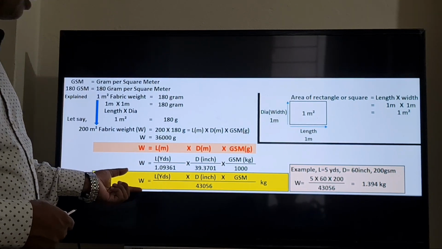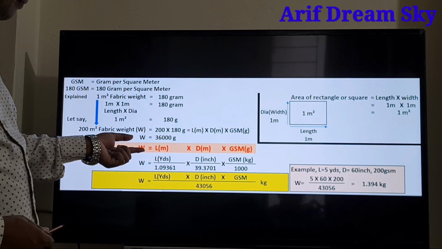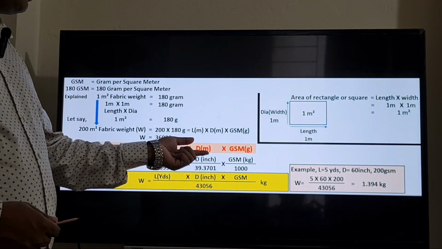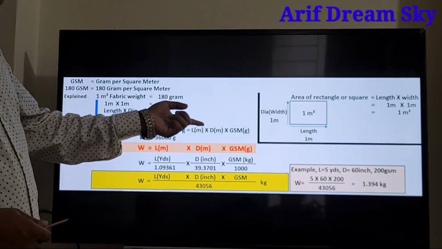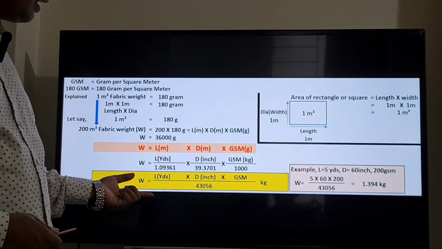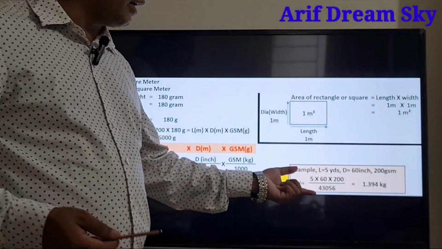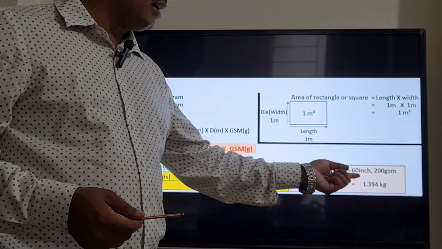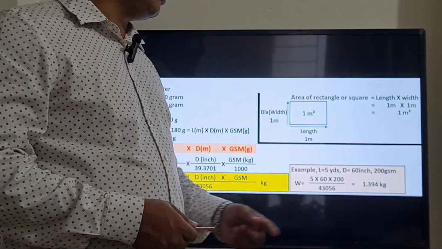So I think you already understand how these rules actually come about. Basically the mother rule is W equals length in meter into dia in meter into GSM, and from this mother rule we get these rules. For example, length equals 5 yards, the fabric has 60 inch dia, and the fabric GSM is 200.